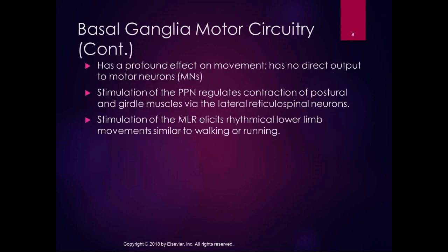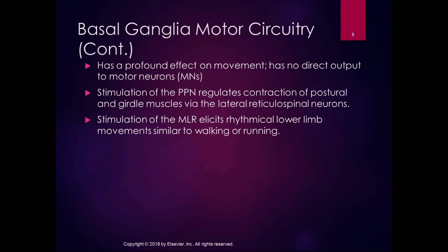The basal ganglia have a profound effect on movement, but no direct output to the motor neurons. Stimulation of the pedunculopontine nucleus, or the PPN, regulates contraction of postural and girdle muscles via the lateral reticulospinal neurons.